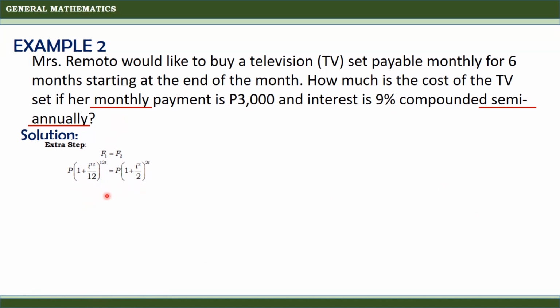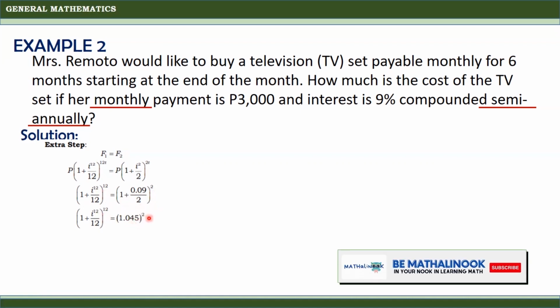By canceling the common factors and by substituting 9% on I raised to 2, we will have (1 + i)^12 / 12, raised to 12, equals (1 + 0.09/2)^2. Simplify the expression inside the parentheses.